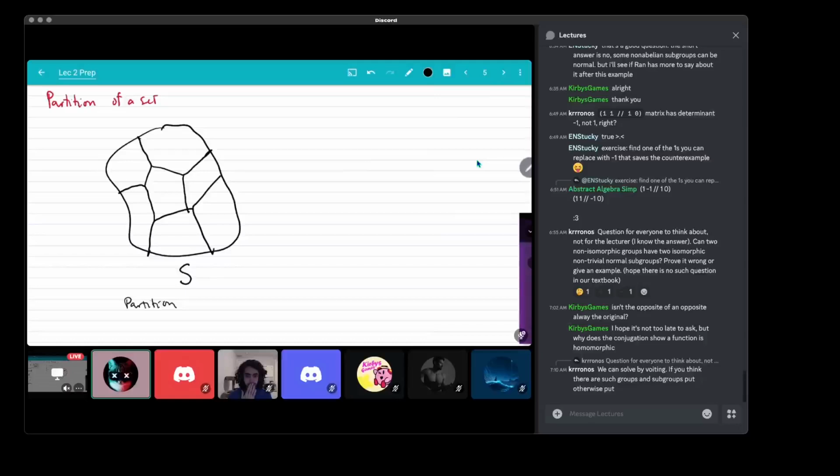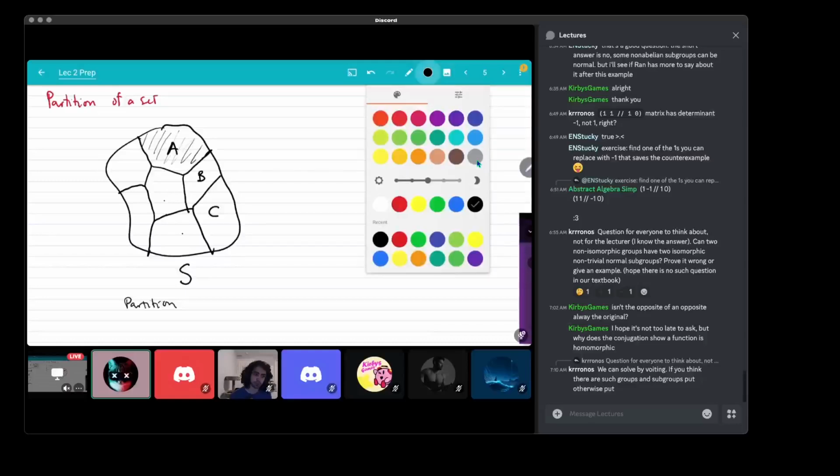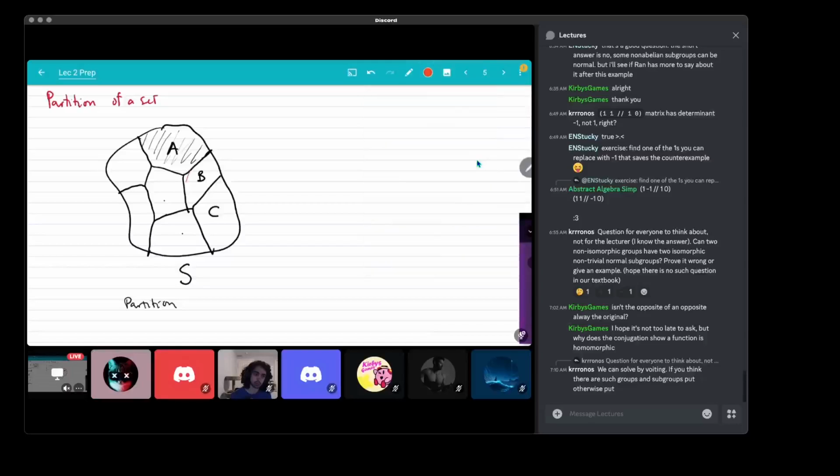So if I take, for example, A and B, then they're not overlapping into each other. It means that their intersection is empty. But I also require that the union of all the subsets is equal to the set itself.